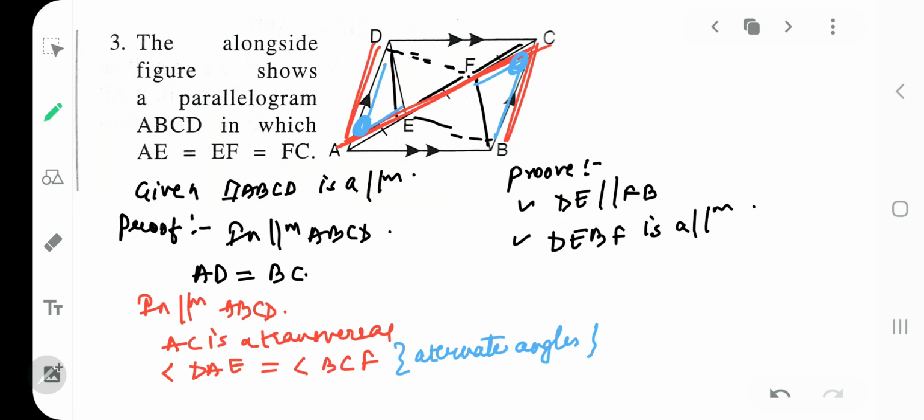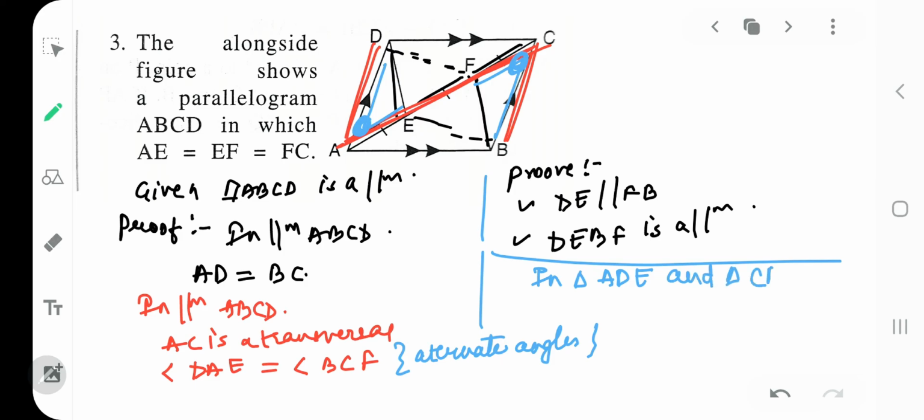Got my point clear? Now I'll take triangle ADE, look at the figure, and triangle CBF. AD is equal to BC, opposite sides of a parallelogram. Angle DAE is equal to angle BCF, which we have just proved because they are alternate angles.